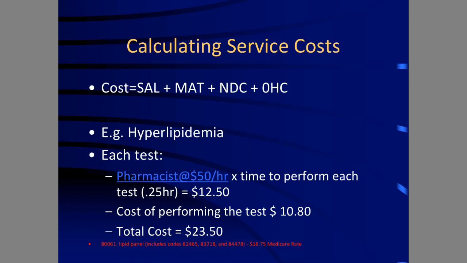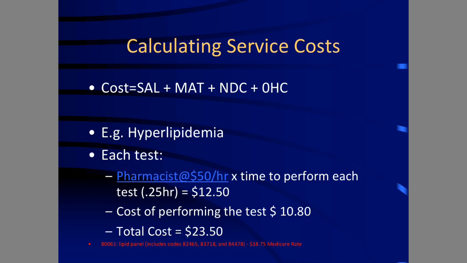So for example, if I was doing a hyperlipidemia program, and say in this program we are going to do a test, and say that to perform the test, just the test kit alone costs $12.50. Okay. If I had a pharmacist doing this, if I was paying a pharmacist $50 an hour, the cost of the pharmacist's time, I'm sorry, I flipped that, is $10.80.